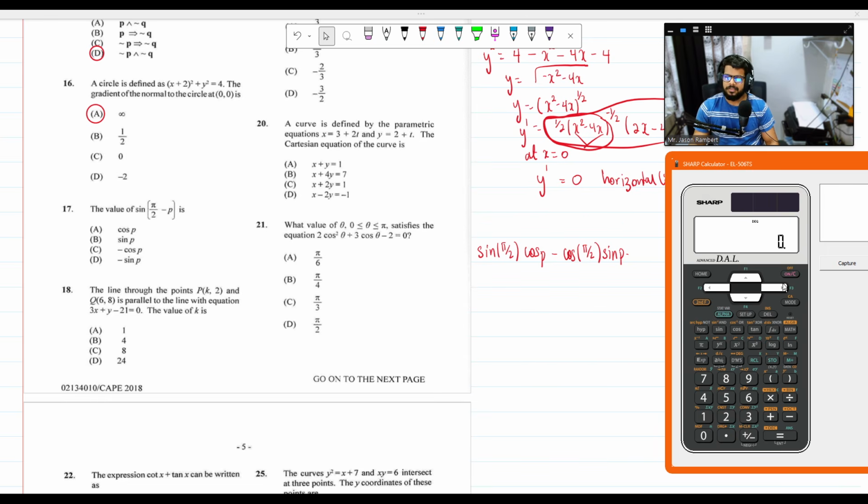That's 90 degrees. And sine of 90 degrees is 1. My calculator is in degrees, so I'm just leaving it there. So sine of 90 degrees is 1, so this is going to be cosine of p, take away cosine 90, which is indeed 0. So this is going to be cosine p.